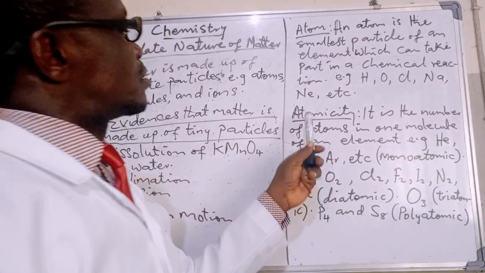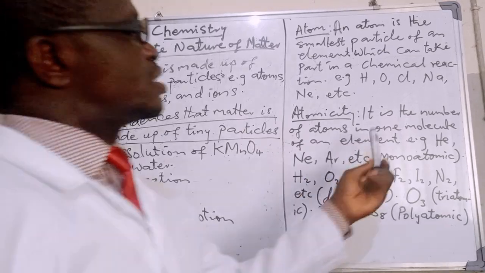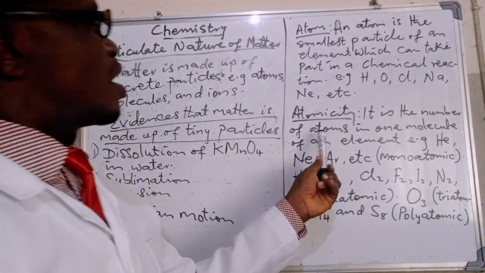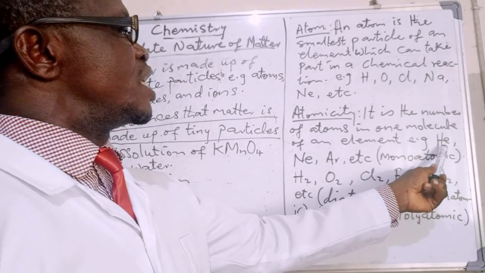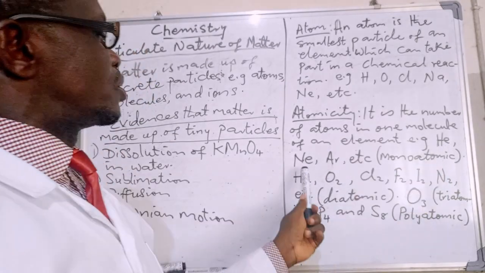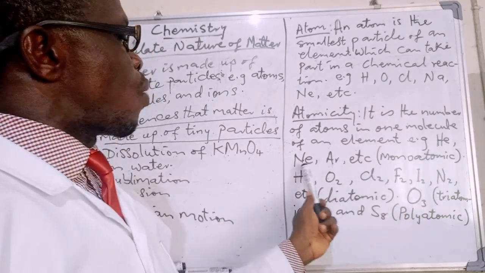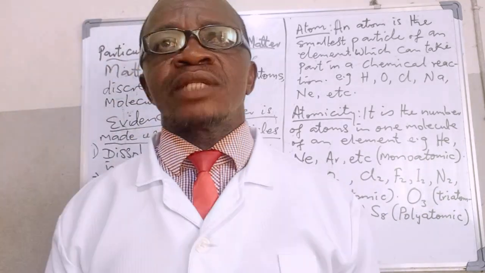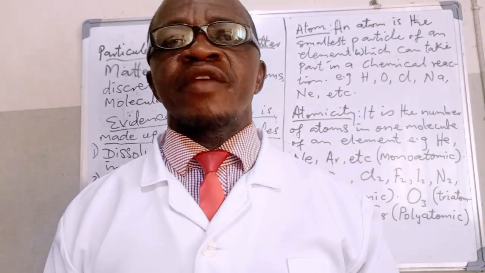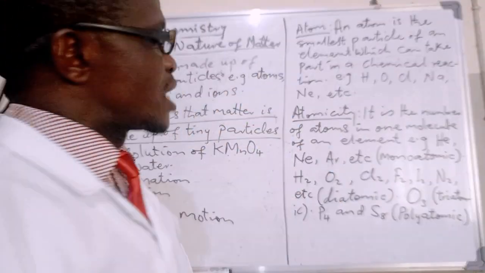Now, let's know what atomicity is. Atomicity is the number of atoms in one molecule of an element. Example: helium, neon, argon. They are one atom per molecule. When we say one atom in one molecule, we are referring to monatomic substances.